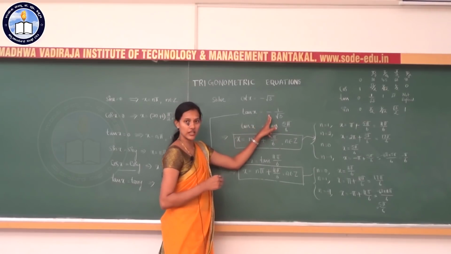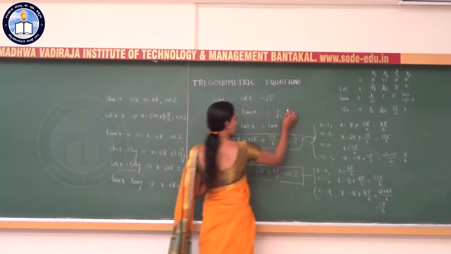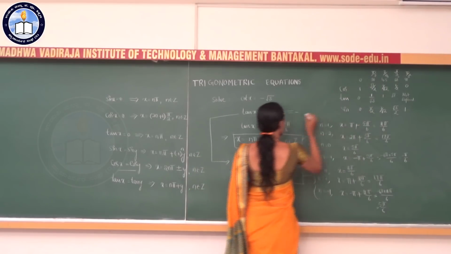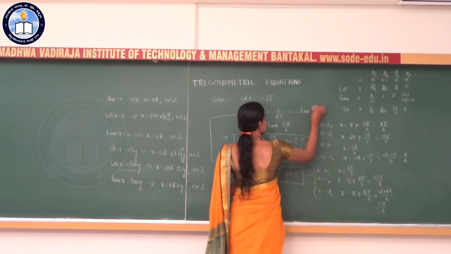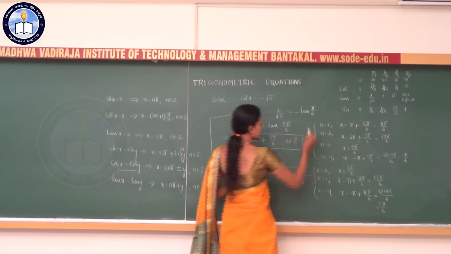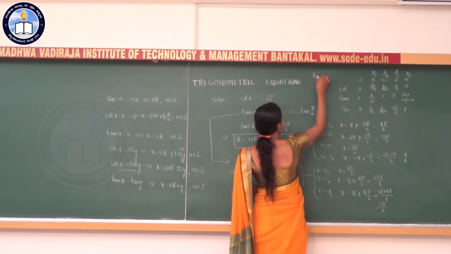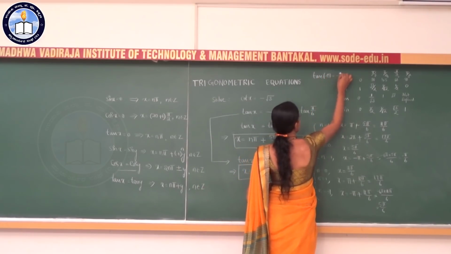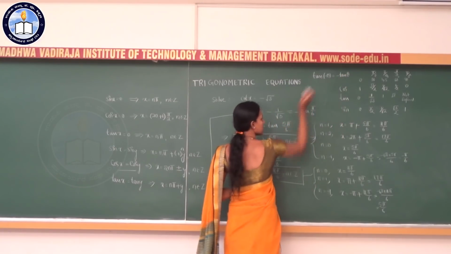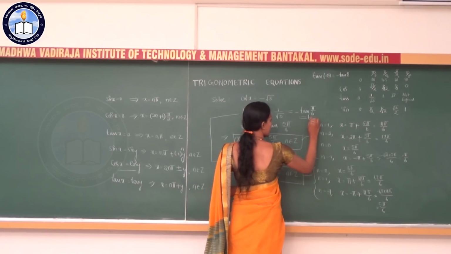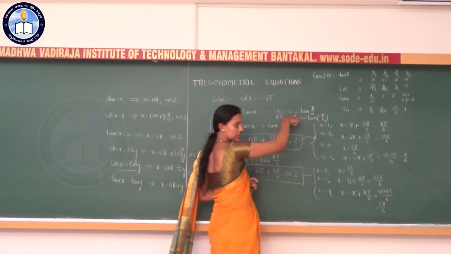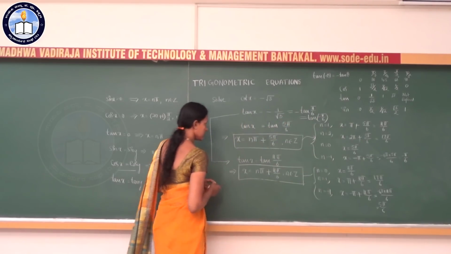Also we can write minus 1 by root 3 as tan of minus pi by 6, because tan of minus theta is minus tan theta. So minus tan theta can be written as tan of minus theta. Simply we can take a negative sign inside the tan function.